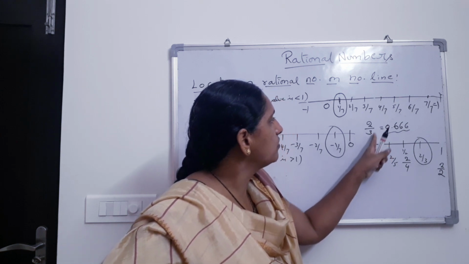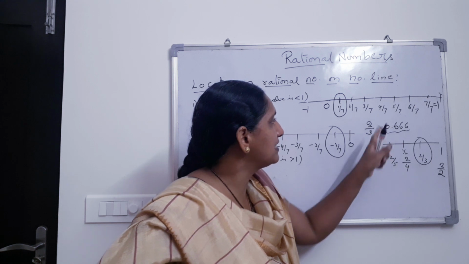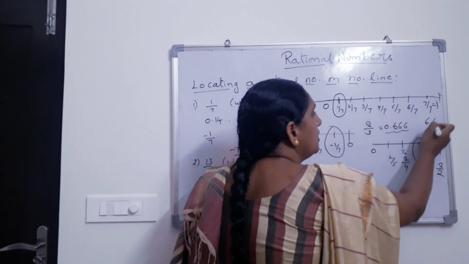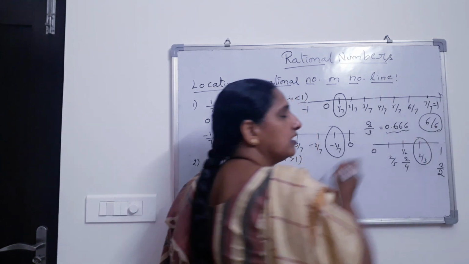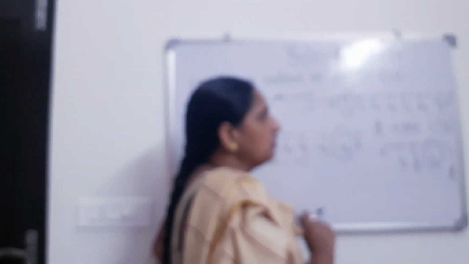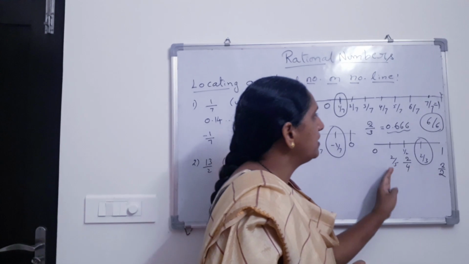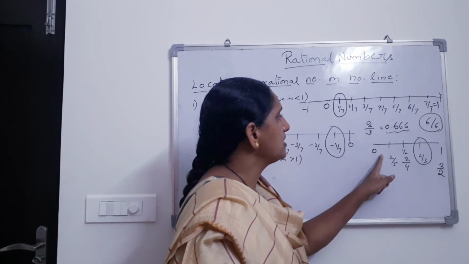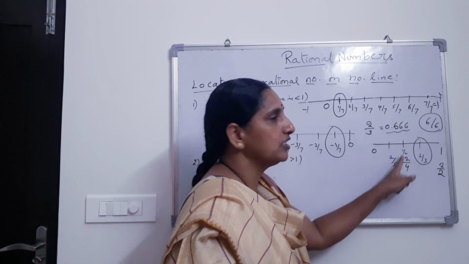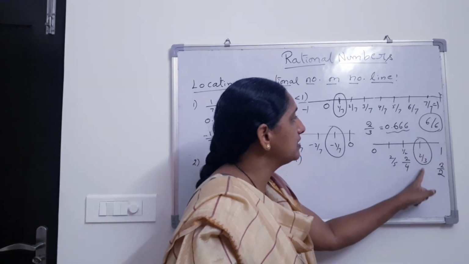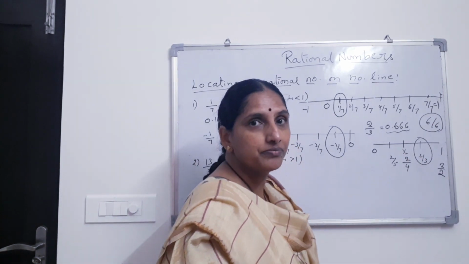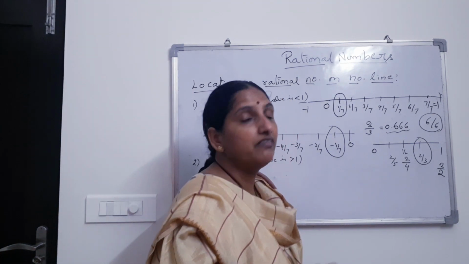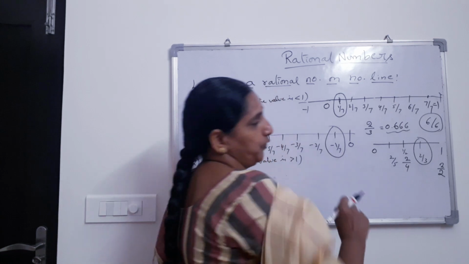Suppose I am going to come till 6 by 6. So whatever I have, I can divide it like this: 1 by 6, 2 by 6, 3 by 6, 4 by 6, 5 by 6 and so on.